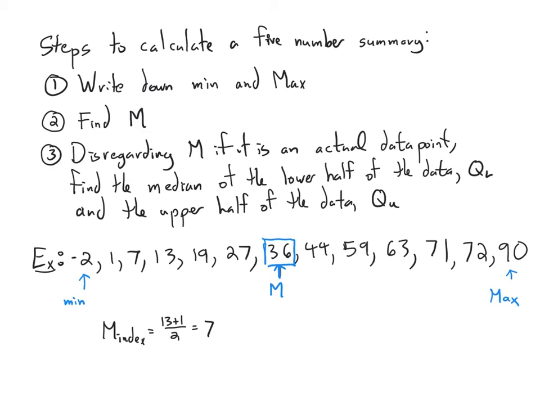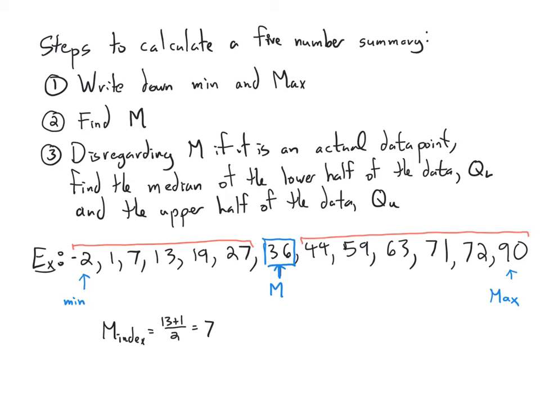So it splits our data set exactly in half. Now, the upper and the lower quartile are going to be the medians of these 2 halves, the medians of the half data sets.